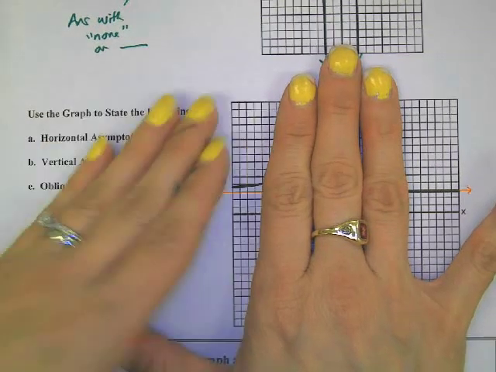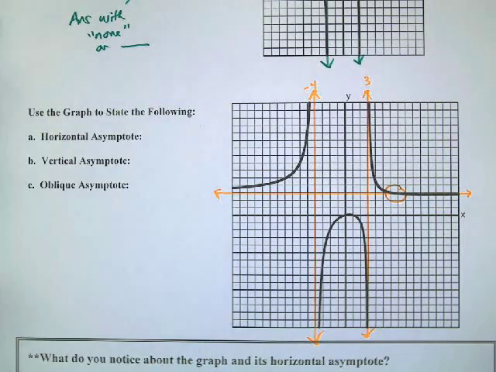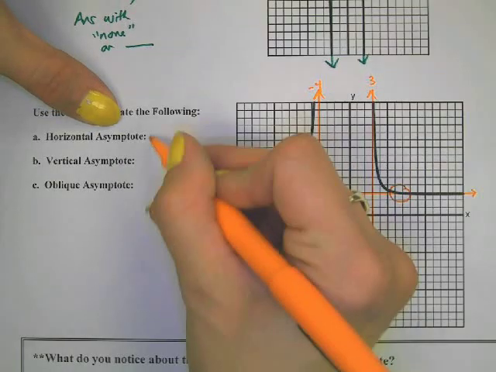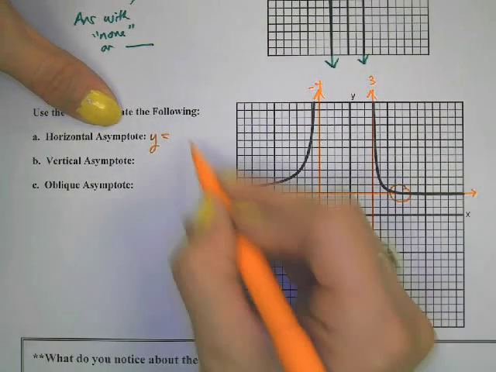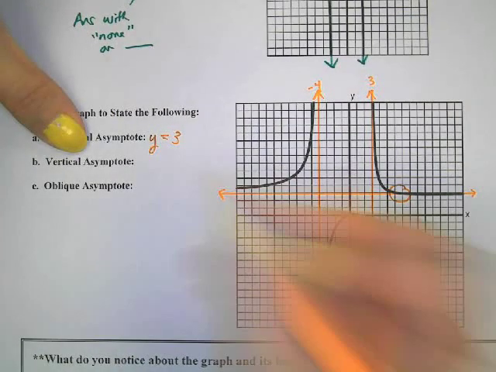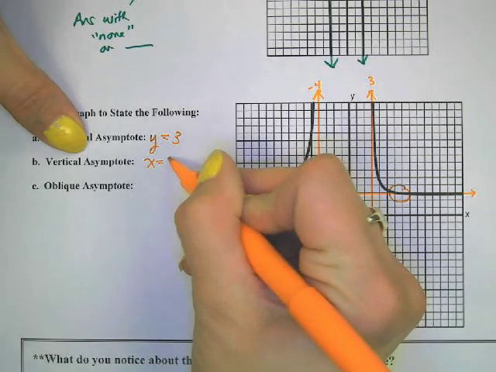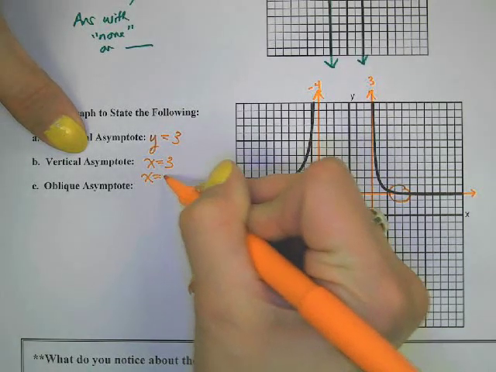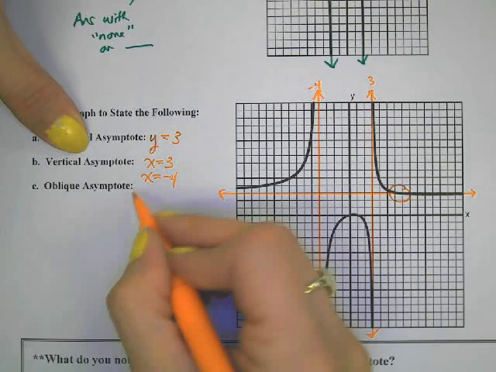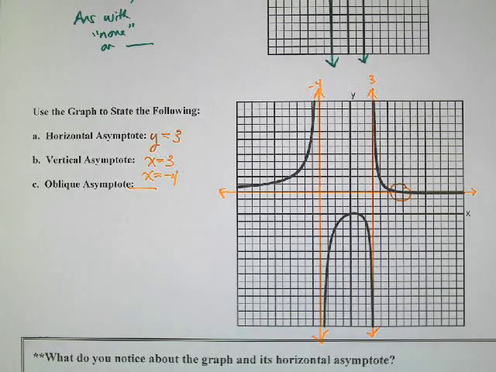It does not have the same restrictions in the middle. You can cross in the middle. Horizontal asymptote, y equals 3. The vertical asymptotes are x equals 3 and x equals -4. There's no oblique asymptote for this one.